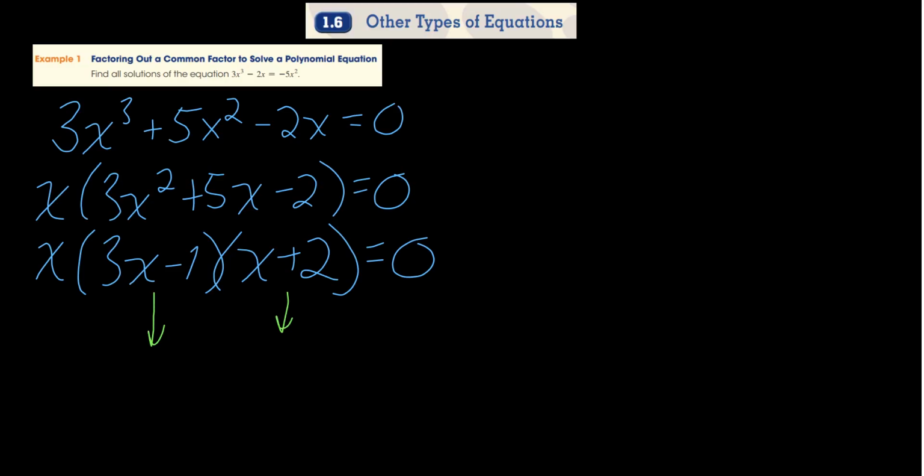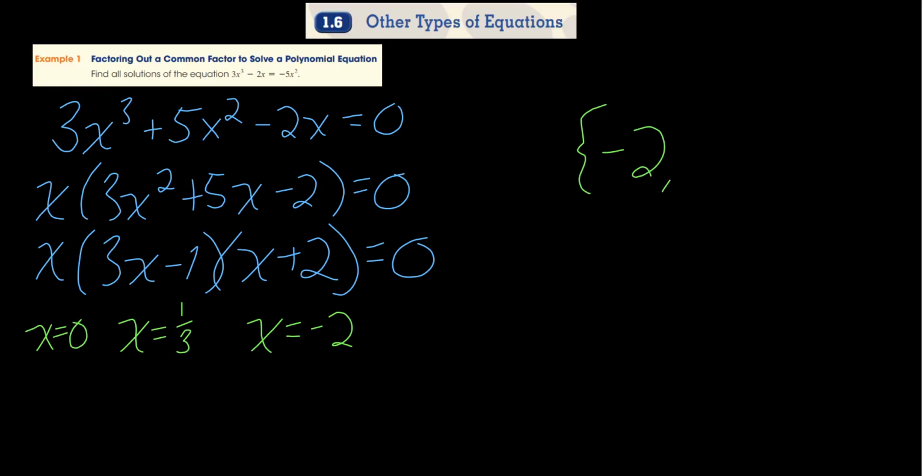Underneath here we have x equals one third, since we're just setting it equal to 0. This would be x is equal to negative 2. And this would be x is equal to 0. And that's it. So the solution set, going numerically, would be negative 2, 0, and positive 1/3. And that's how we solve this particular problem.